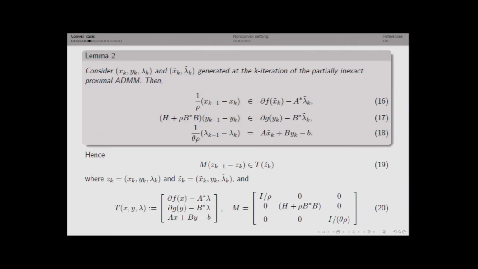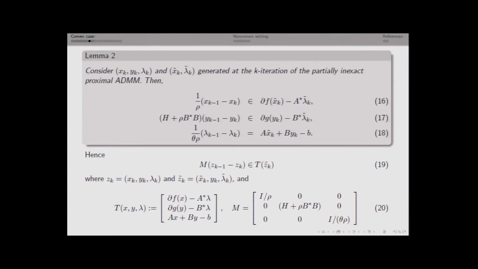So if you just analyze the optimality condition for this method, you come with this inclusion. Then what is happening here, as you can see, is like a prox inclusion. So you have here the proximal terms, and this also can be seen as a residual.